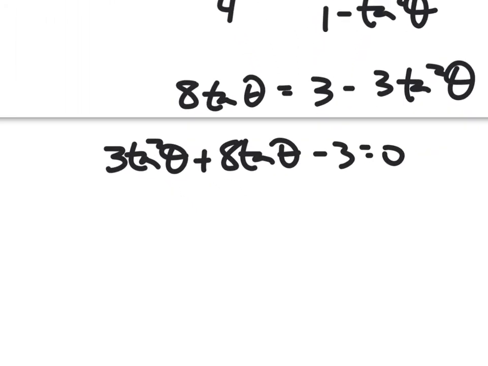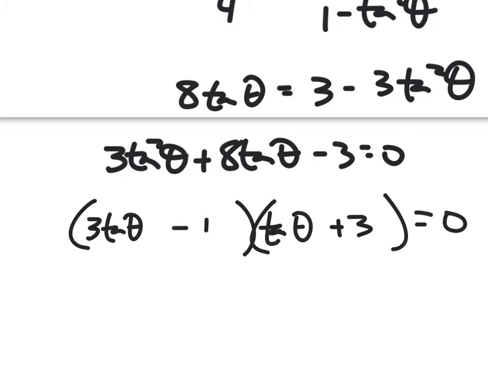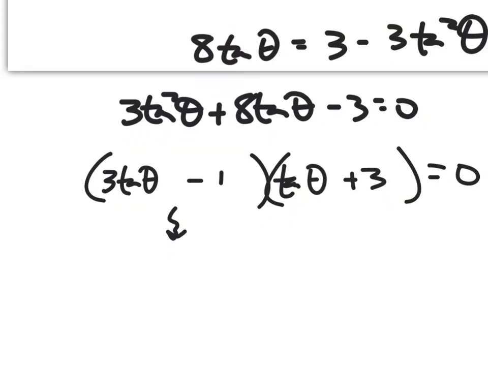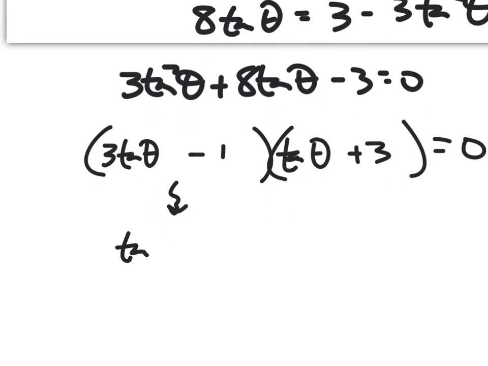All right, how about that? I like that. If I foiled that, I get 3 tan squared plus 9 tan theta minus 1 tan theta minus 3. If I want this to equal 0, then I want tangent to equal 1/3.